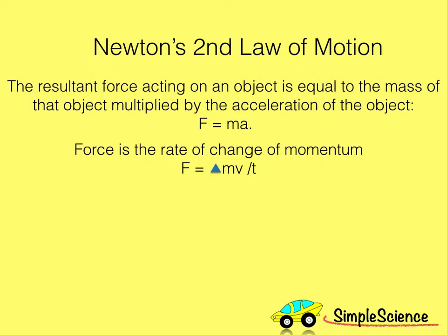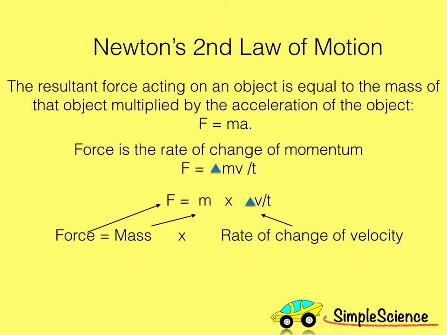And you can rearrange this equation to give F equals m times delta v over t. In other words, it's the mass times the rate of change of velocity. And since we've learned in the previous videos that the rate of change of velocity is acceleration, we have come up with force equals mass times acceleration.